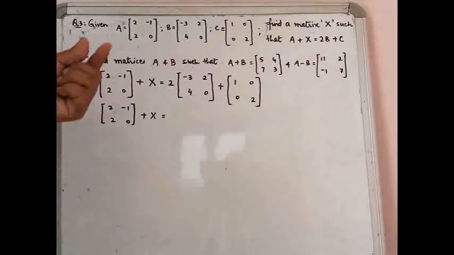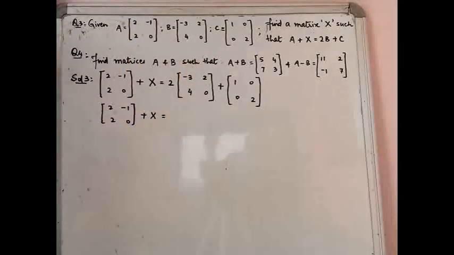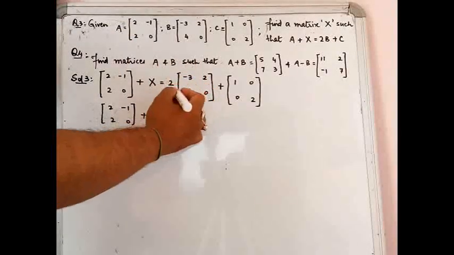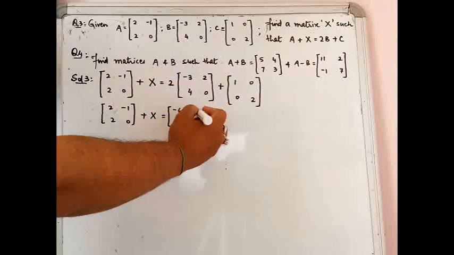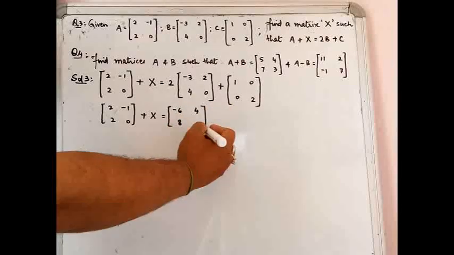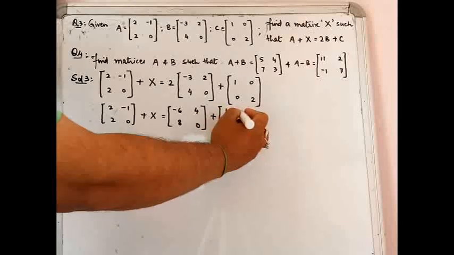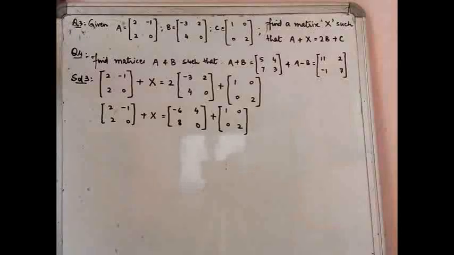If you remember the multiplication of a scalar with a matrix, that scalar goes inside and multiplies each individual element. So 2 into minus 3 gives minus 6, 2 2s are 4, 2 4s are 8, and 2 zeros are 0. That becomes this, and then we have plus 1, 0, 0, 2. This was the second matrix that was already present.